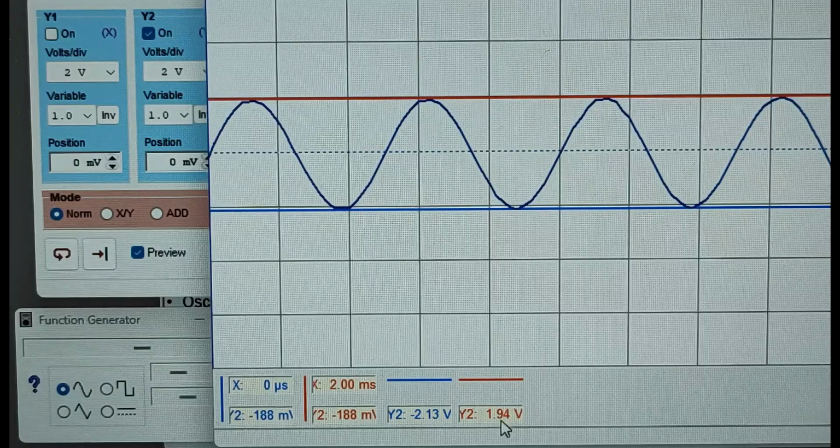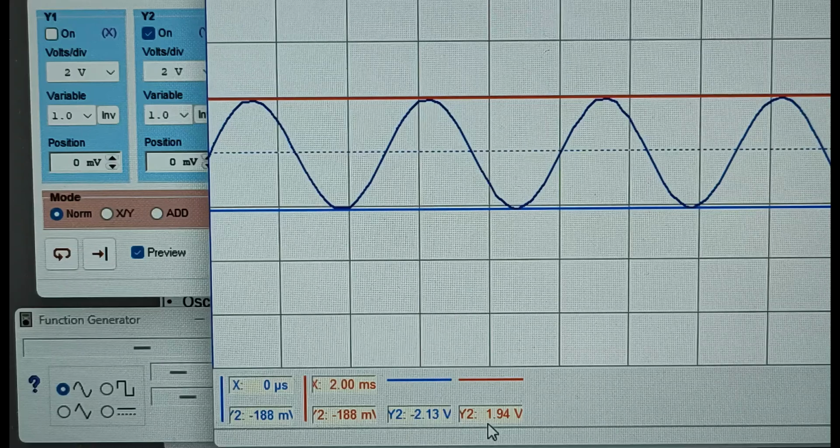We have Y1 red at 1.94 volts, and Y2 blue at negative 2.13 volts. So I have 1.94 minus negative 2.13. What you'll get there is around 4.07 volts.